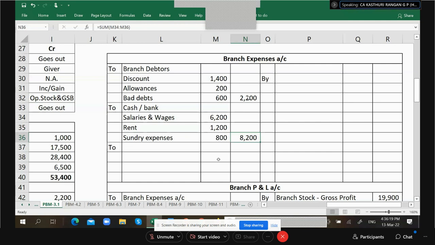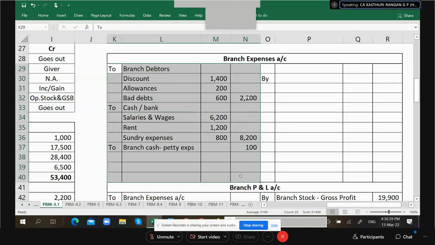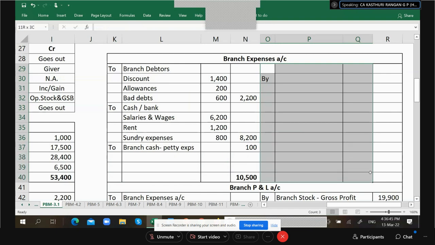You remember, friends, there is a petty expense. Petty expenses are paid out of the branch cash. How much? 100 rupees. 200 minus 100. Branch expense to branch cash, because it is paid out of the branch cash, not out of the cash of the head office. So therefore, friends, what is the total expenses? 10,500. This 10,500 should be transferred to the branch P&L account.